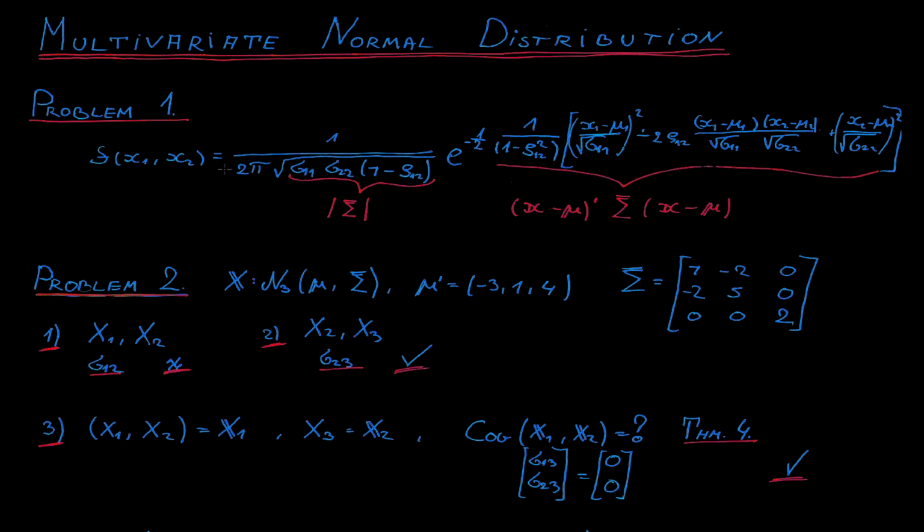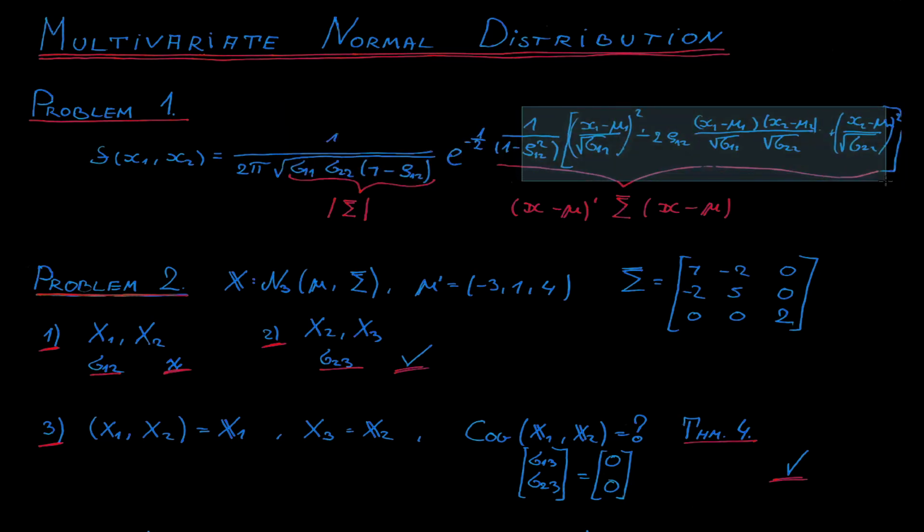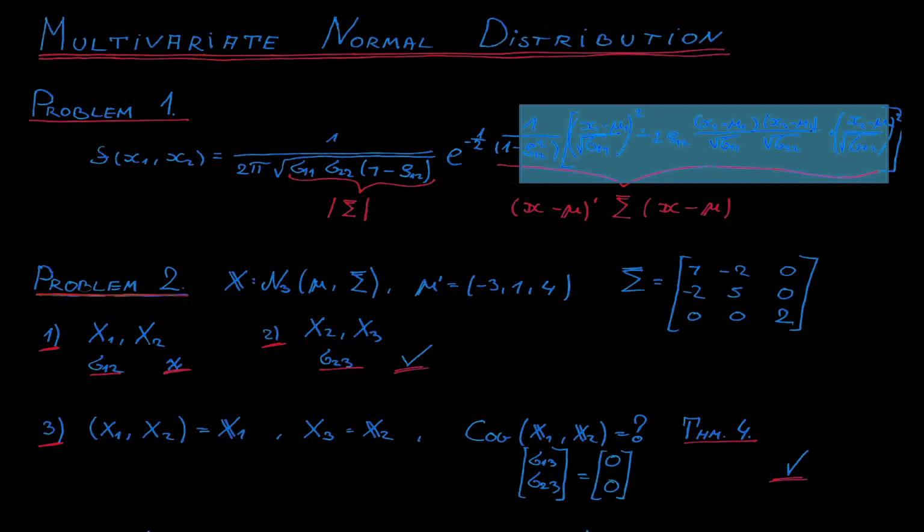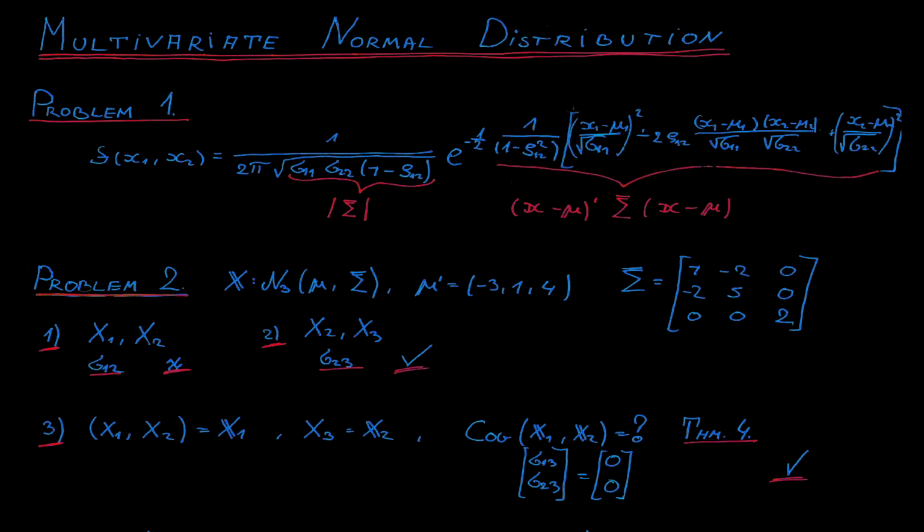So the probability density function is this, and the quadratic form is this part here. What I mean by the quadratic form is that this is actually a function of x1 squared and x2 squared.